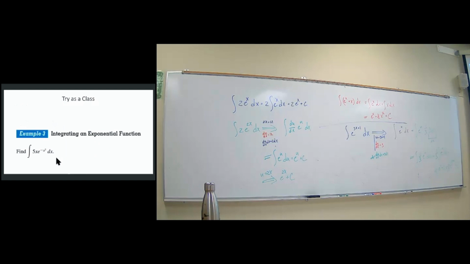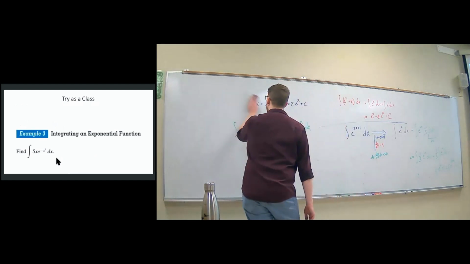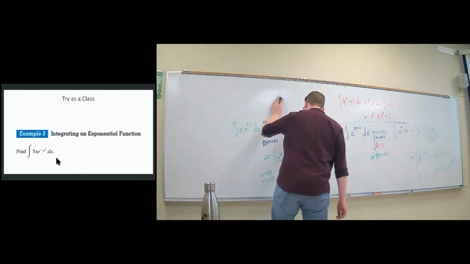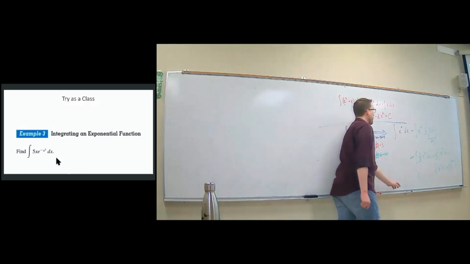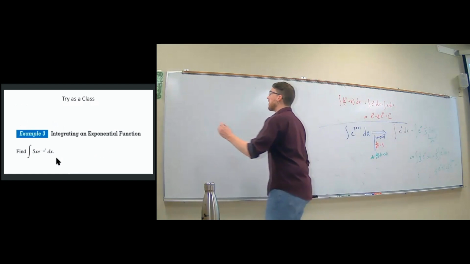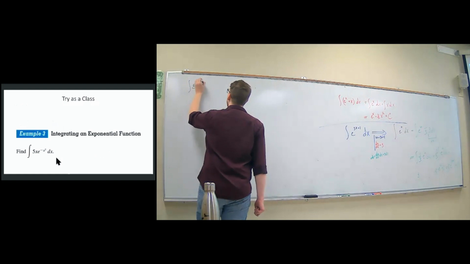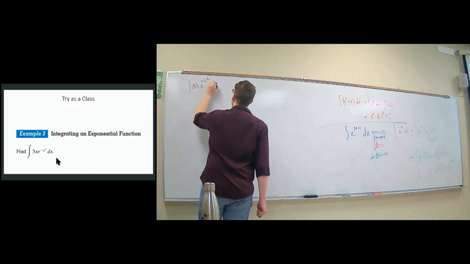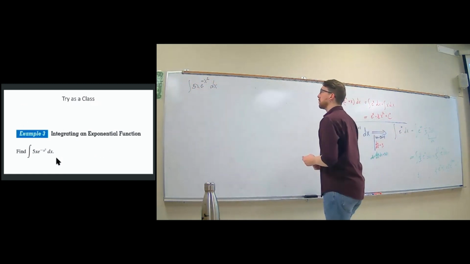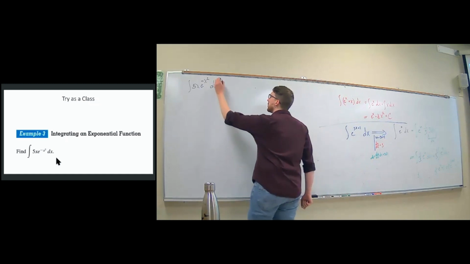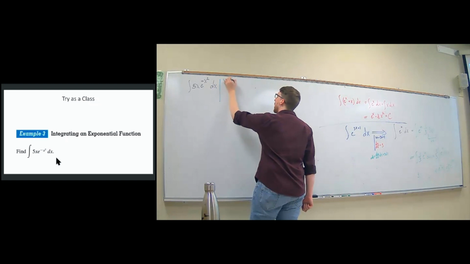What about this? In this case, we've got the integral of 5x e to the negative x squared integrated with respect to x. And I suggest that we set u equal to x squared.